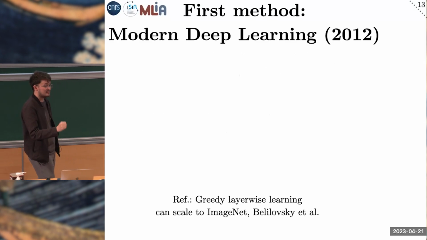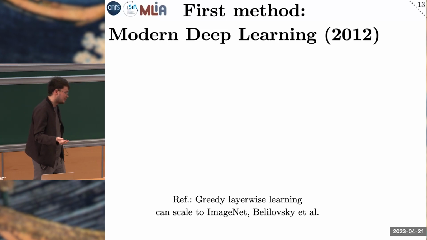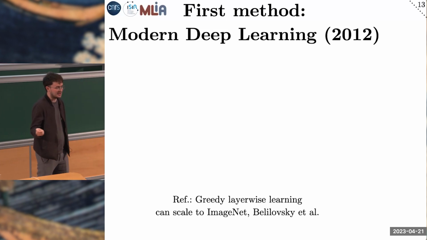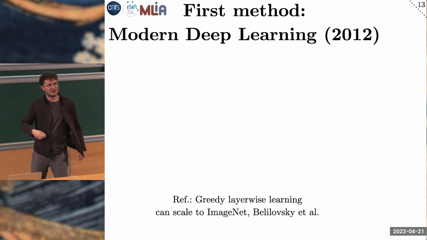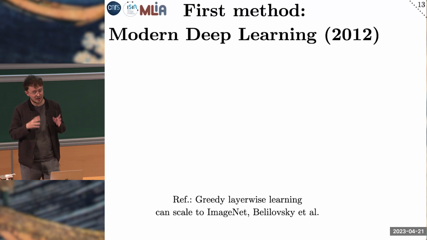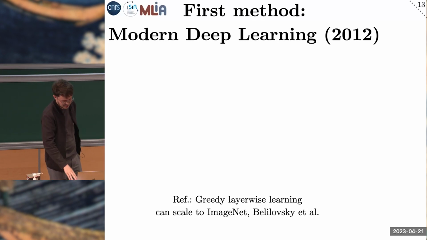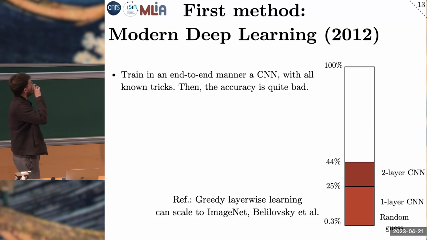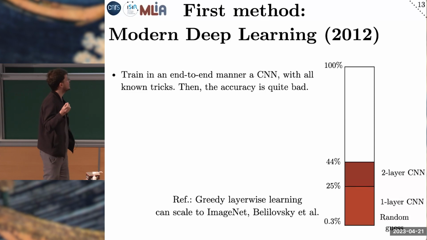So if you apply simply a deep neural network trained in an end-to-end manner with any cooking recipes that you might know to train them, like batch normalization, trying to make them as deep as you can, as wide as you can, using any normalization technique, one layer is going to get you up to 25%.